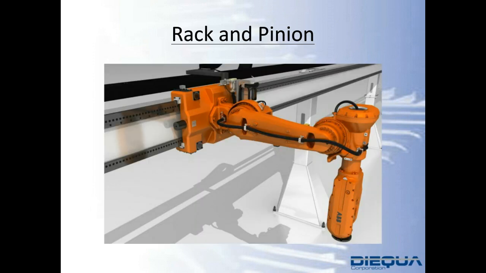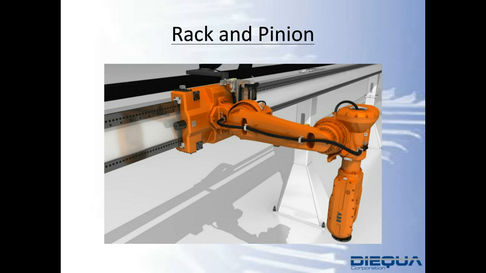So many times you're given a list of what industries do these reducers or types of components get used. Here's a very good example of what a rack and pinion looks like, right? And so it's not as simple as a gear in a rack driving up and down. Here you see the value in having a robot.